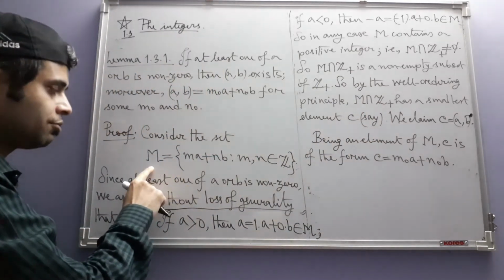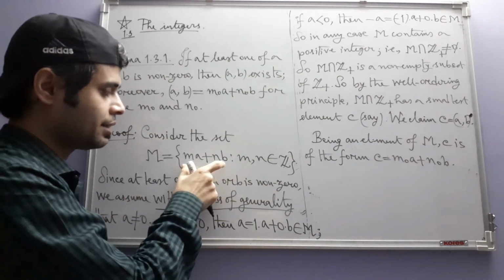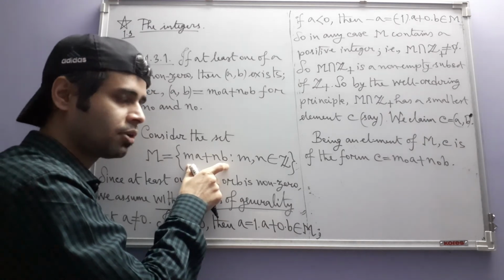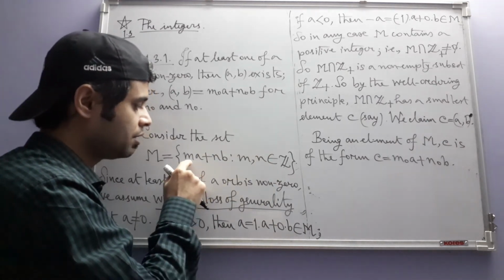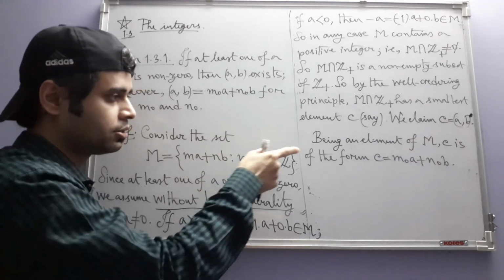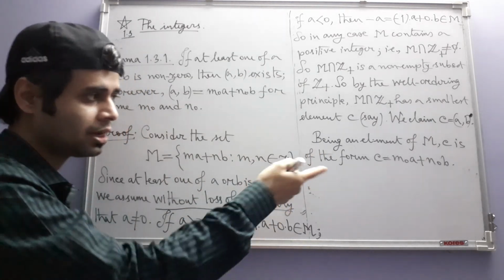The condition for being in M is that any element has to be of this form. So for C, we will find some integers M naught and N naught such that this relation is true.